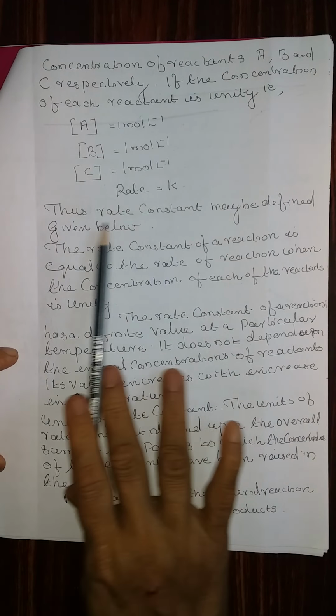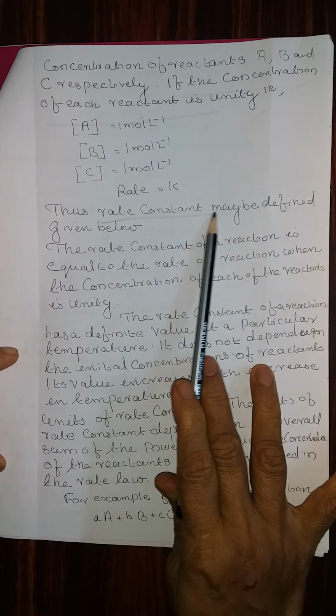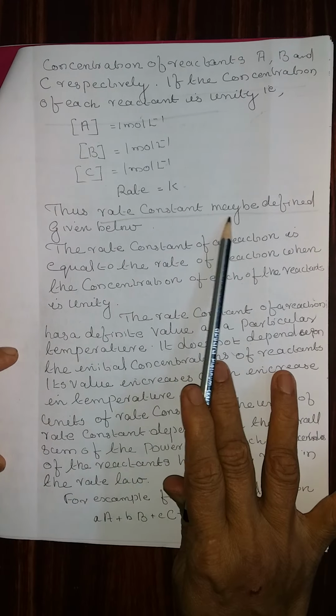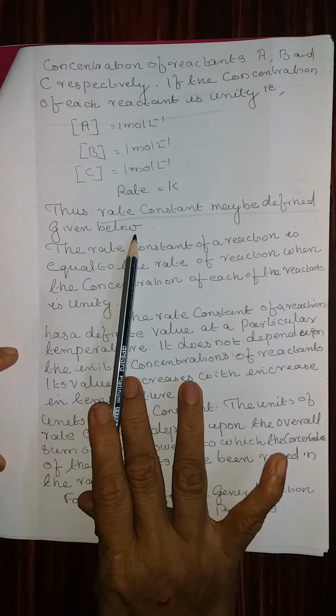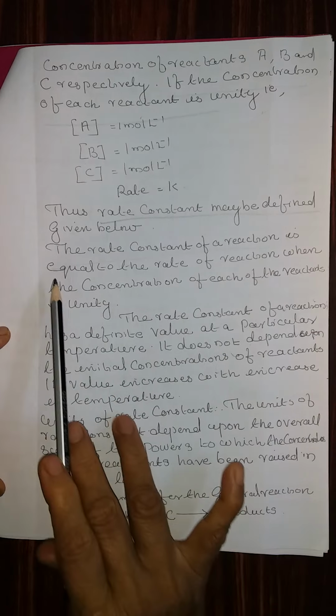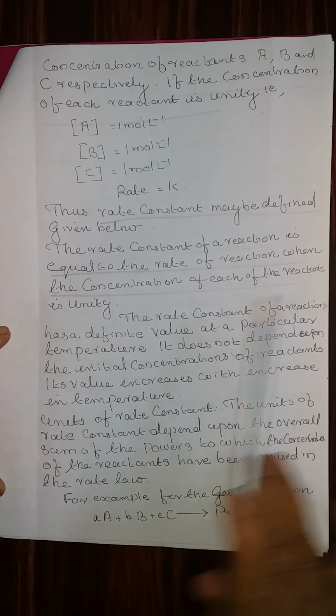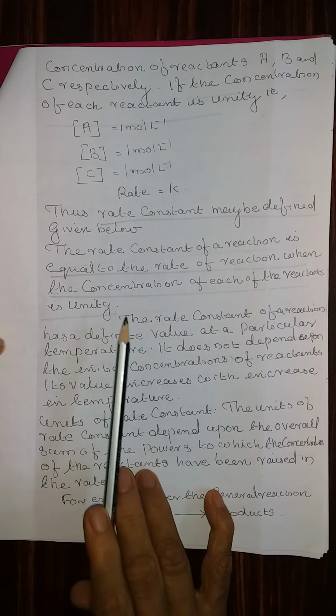Therefore, we can define rate constant in another way. The rate constant of a reaction is equal to the rate of reaction when the concentration of each reactant is unity.